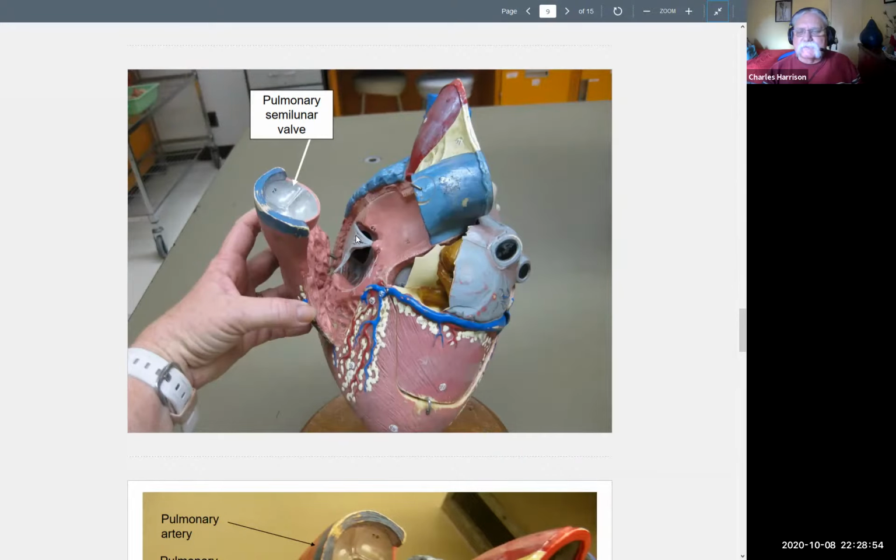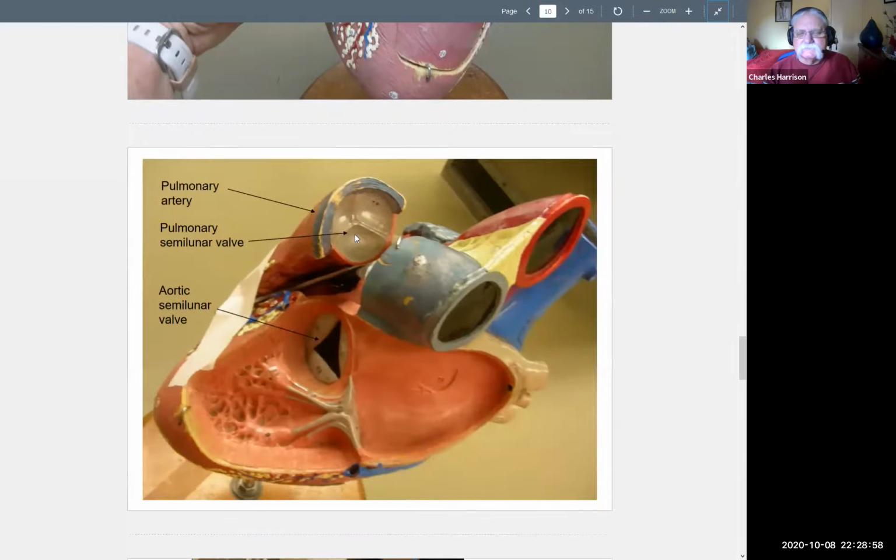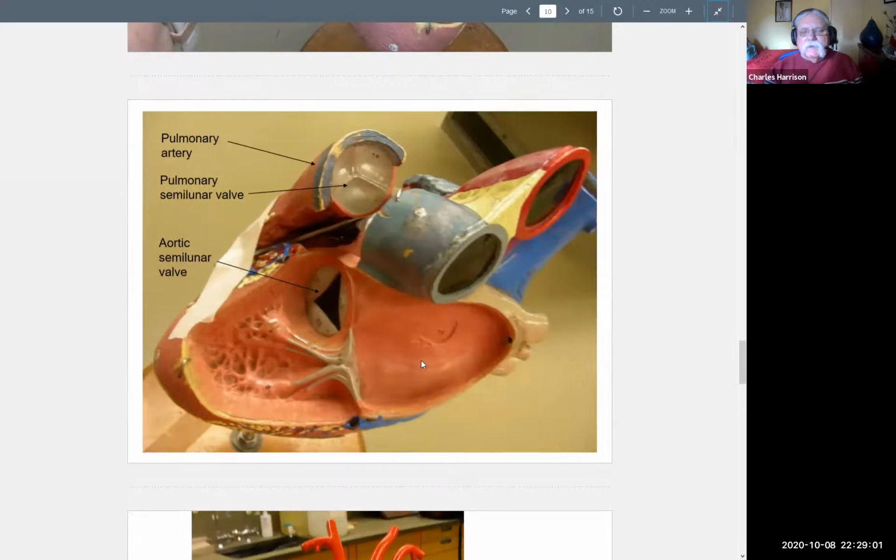Here's the tricuspid valve. This is the three-cusp valve, and so is this.